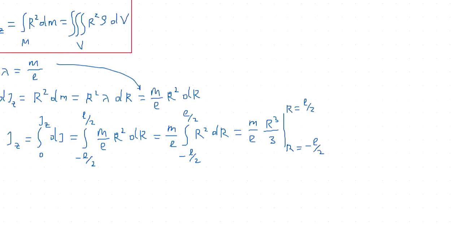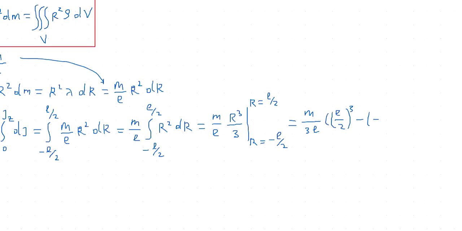And this is equal to m divided by 3L, and here we have (L divided by 2) to the power of 3 minus (minus L divided by 2) to the power of 3.